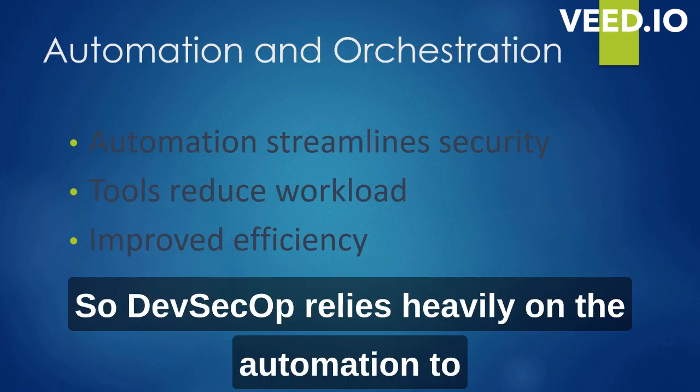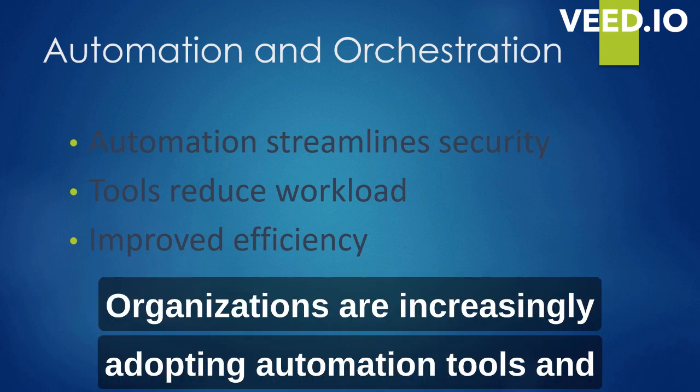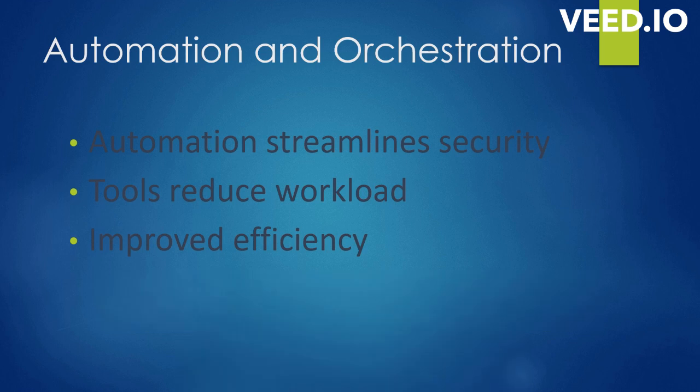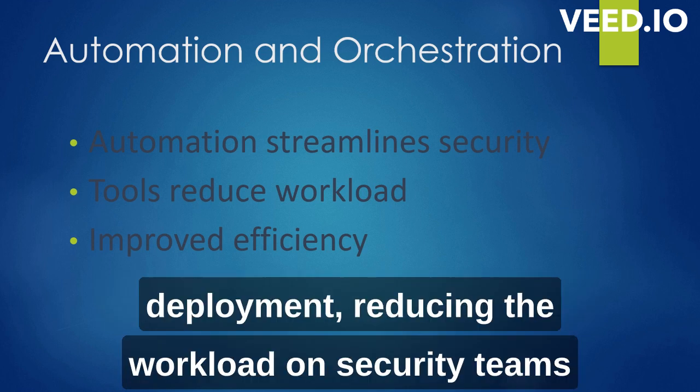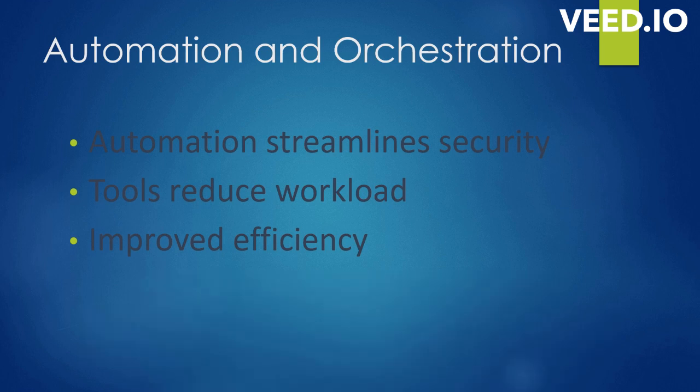DevSecOps relies heavily on automation to streamline the security testing and development process. Organizations are increasingly adopting automation tools and platforms to automate security testing, analysis, and deployment, reducing the workload on security teams and improving overall efficiency.